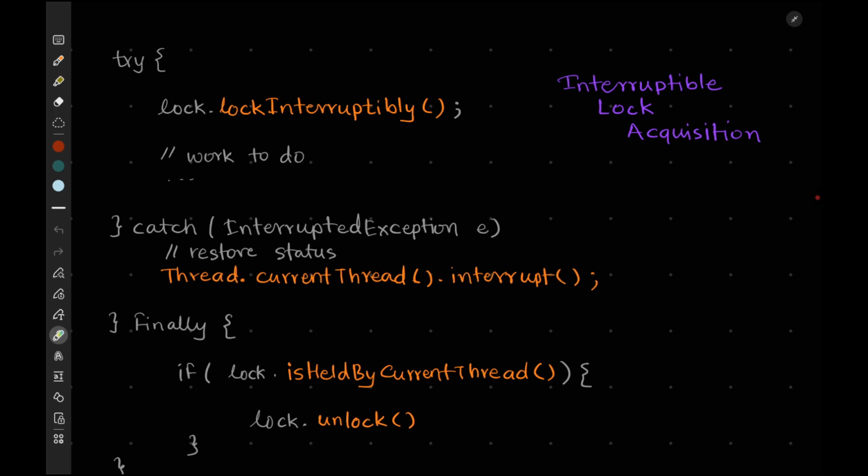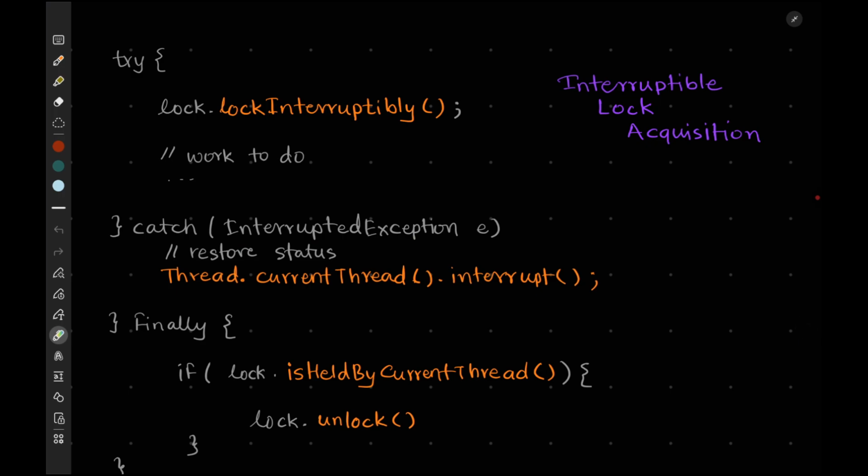Another superpower, lockInterruptibly. This lets you acquire a lock while still being responsive to interruption. This is interruptible lock acquisition mode. If another thread calls the interrupt method on your thread while you are waiting for a lock, the method throws InterruptedException and you can gracefully cancel.